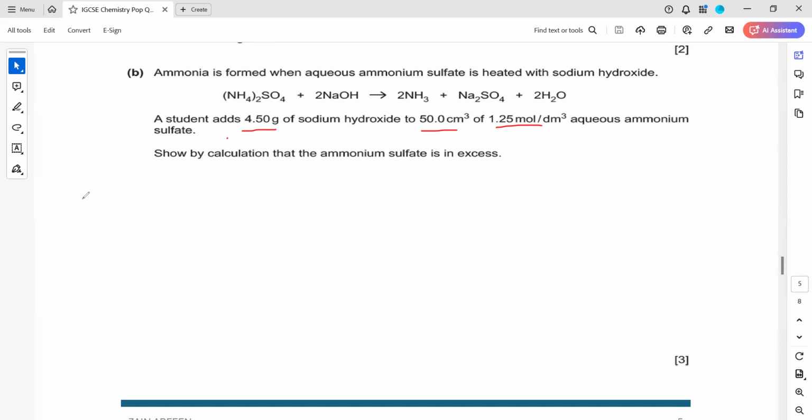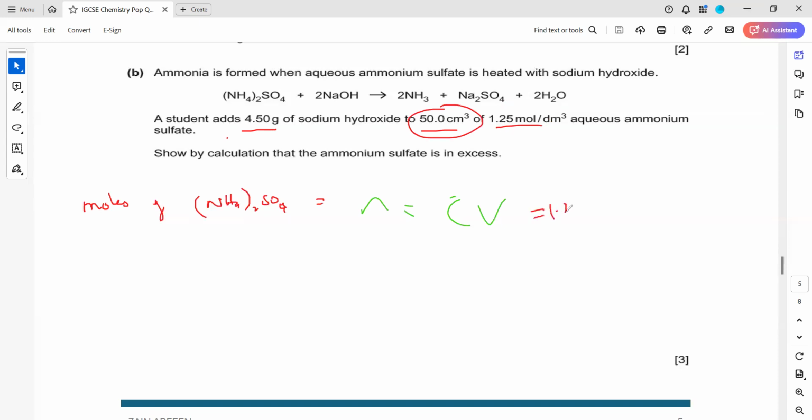So first we'll find the moles of ammonium sulfate. For ammonium sulfate, we have the volume and concentration, so we multiply that. For sodium hydroxide, the mass is given, so we'll use that.